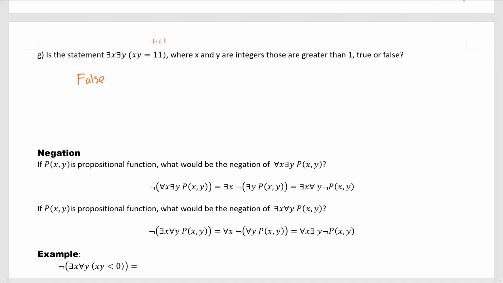So how do we show it is false? Because this is an existential quantifier, we have to show that no numbers greater than 1 work. So we can say like this: the positive integer divisors of 11 are 1 and 11. And we know this guy is a prime number. Okay, and this is greater than 1, but this guy is not greater than 1.